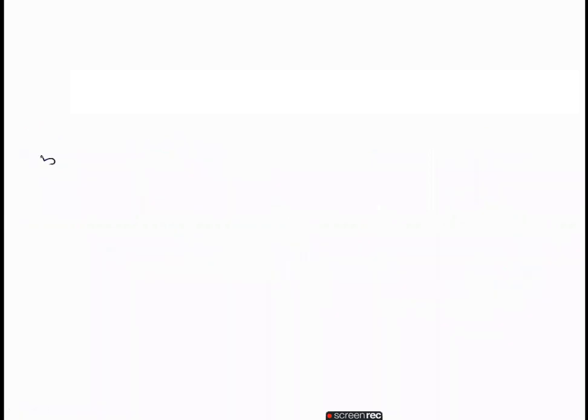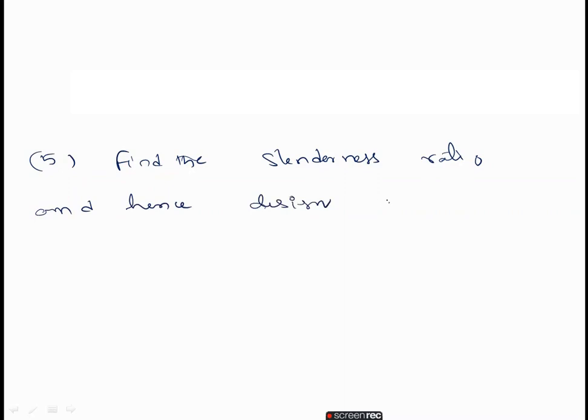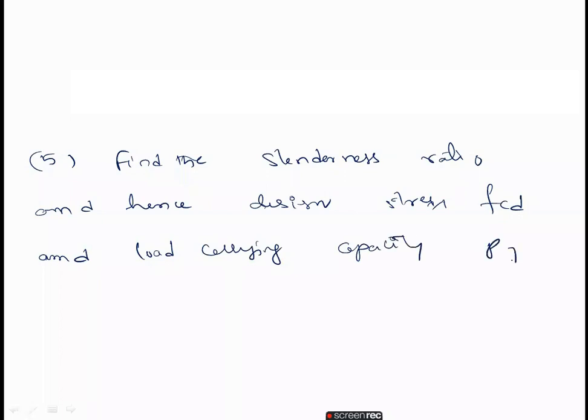Coming to the fifth step, we have to find the slenderness ratio, the design stress FCD, and the load carrying capacity PD.